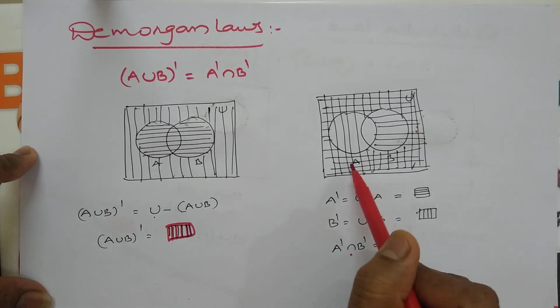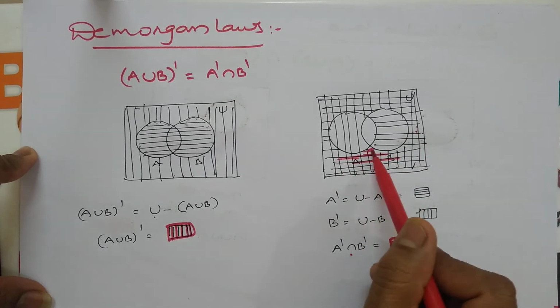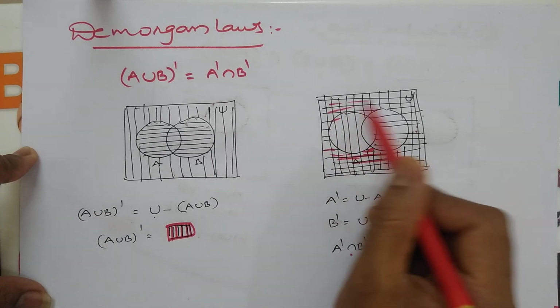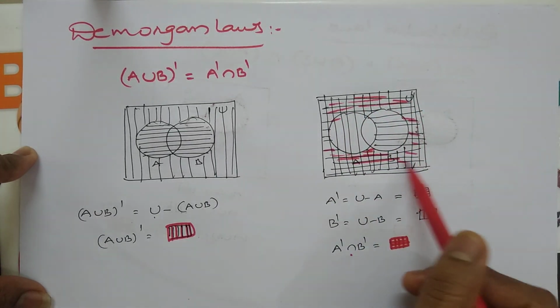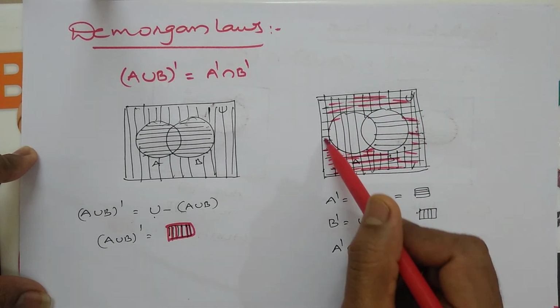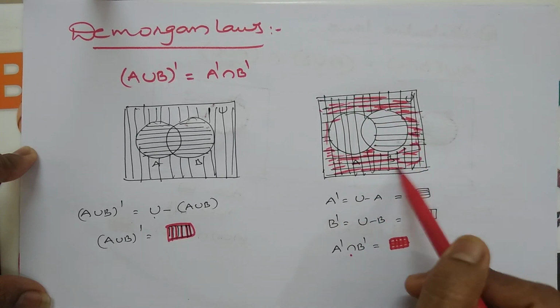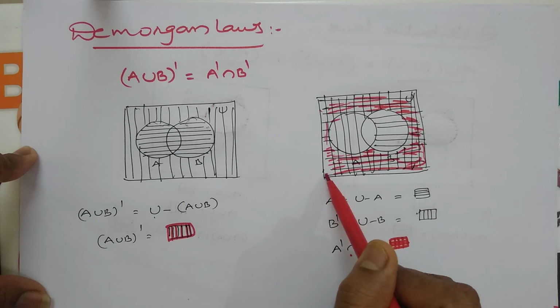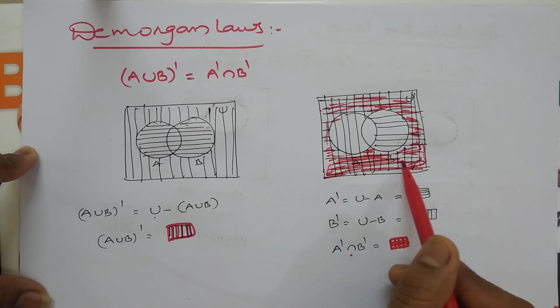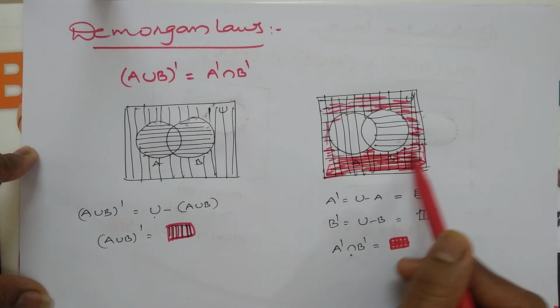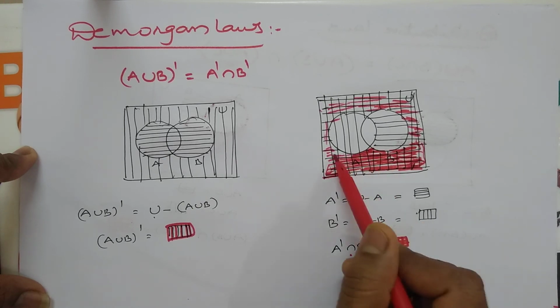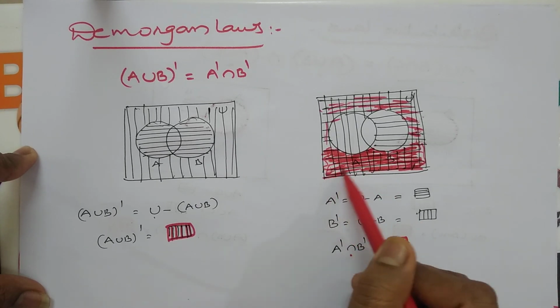Now the outside part, this full part will come. Double shaded means no need to shade again.